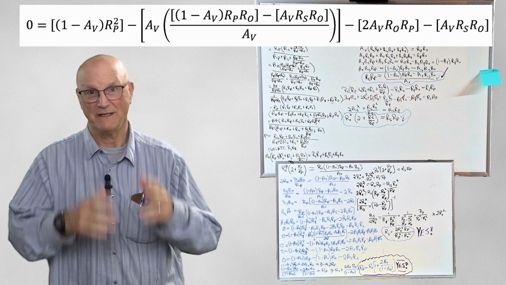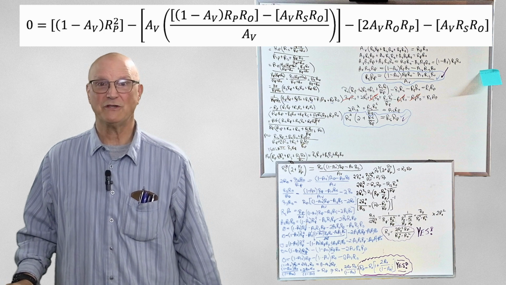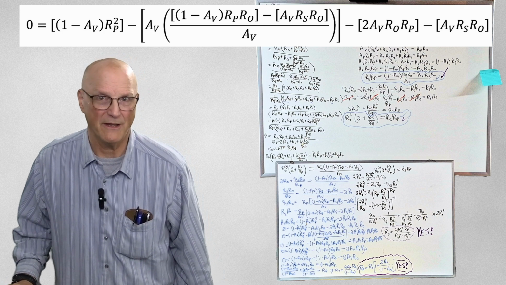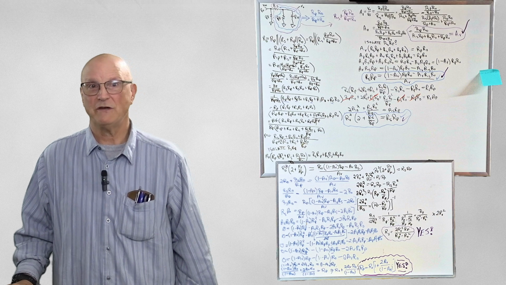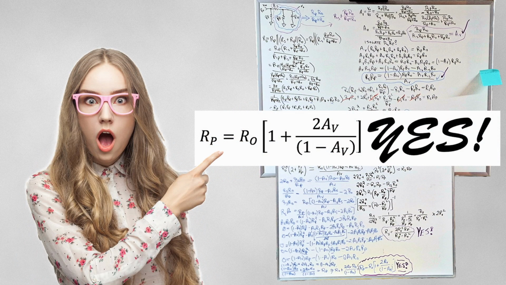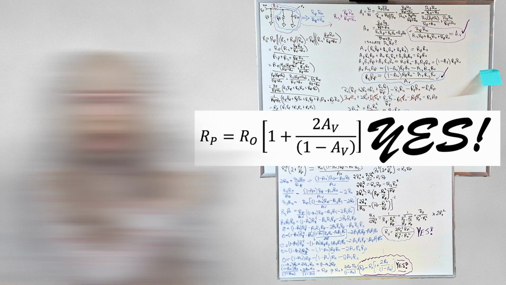After spending a little effort to simplify this equation, amazingly, I end up with an equation for the parallel resistor Rp, which looks like this. Rp is equal to Ro times the quantity 1 plus 2AV over 1 minus AV.